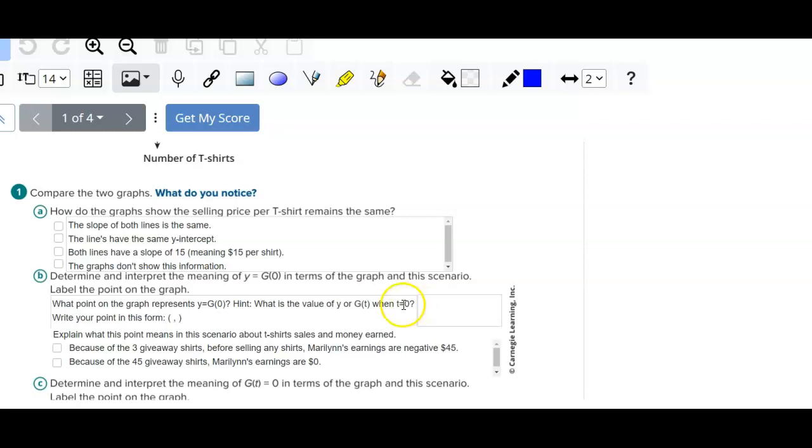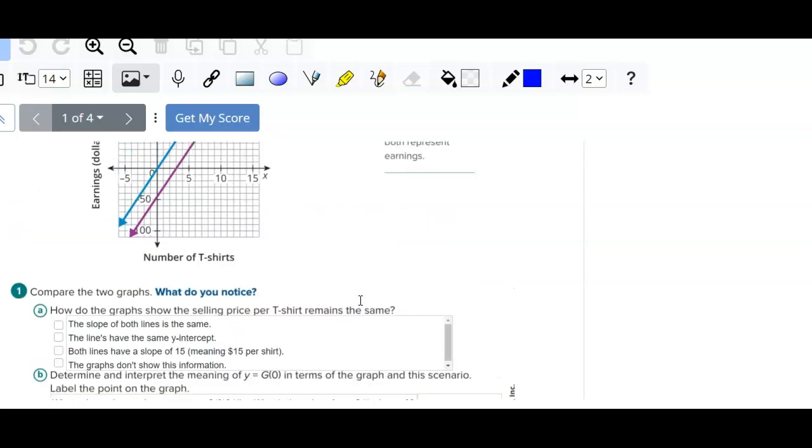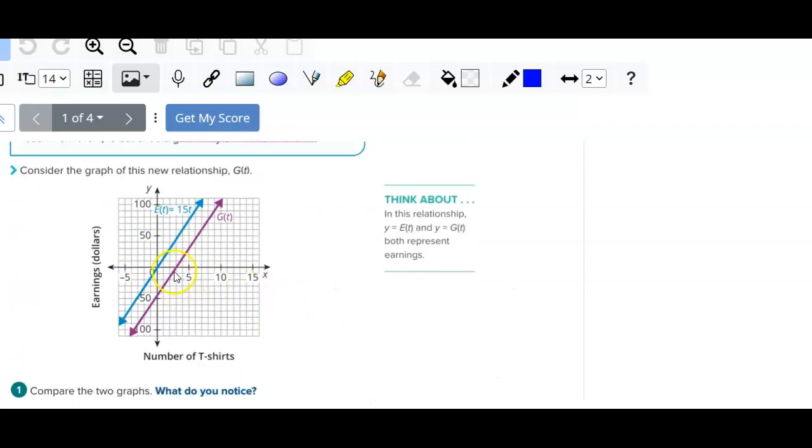So let's go up to the graph and see what's happening when t equals 0, because that is when this situation is happening. When t, our input, equals 0. So go up to the graph, and we're looking at the pink graph. So what's happening when t, that's our input, equals 0?